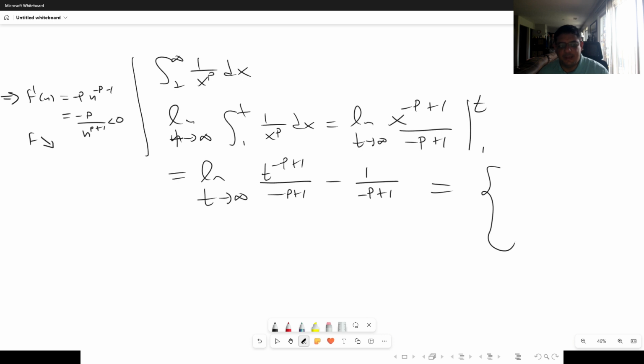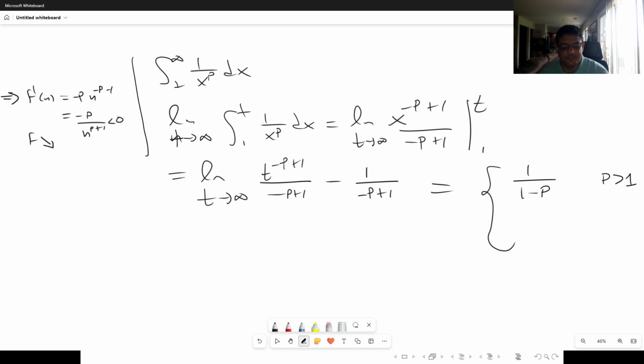So if p is larger than 1, then the exponent is a negative value, and this is clearly going to go to 0. So this will give me 1 over 1 minus p. This will be if p is bigger than 1.